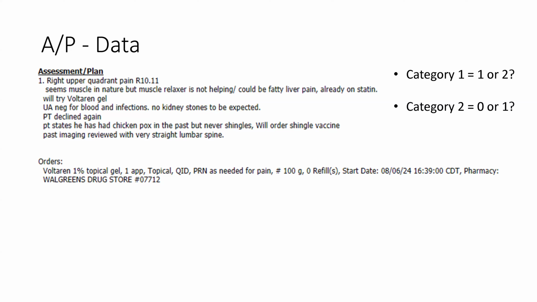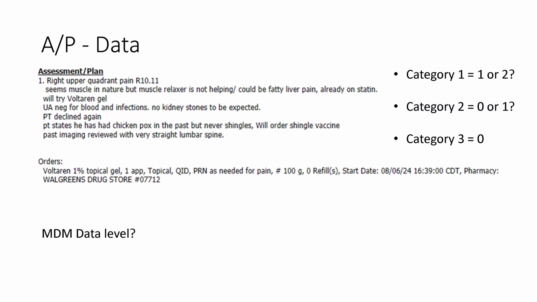Because independent interpretation of the test is a higher level of medical decision making, and the threshold there is lower to get that level 4. And then, of course, nobody discussed with an external provider, which is category 3, so none of that happened.